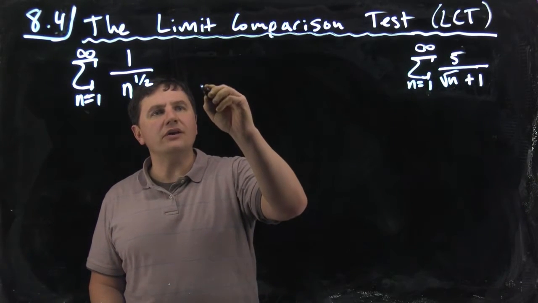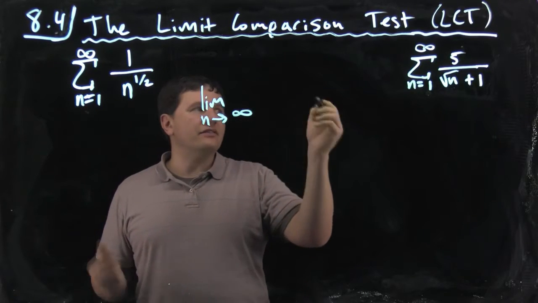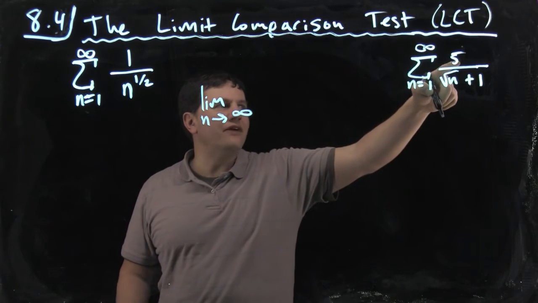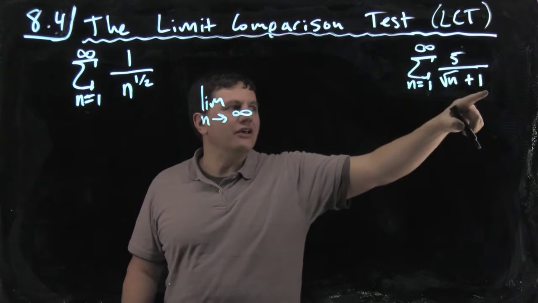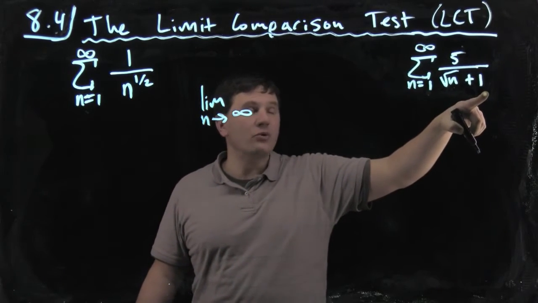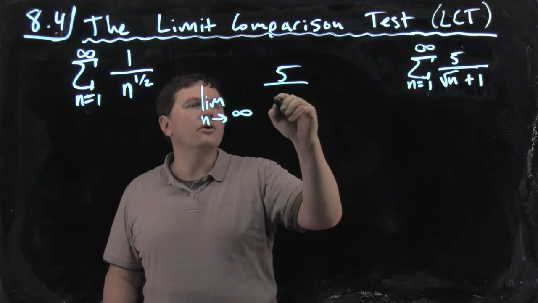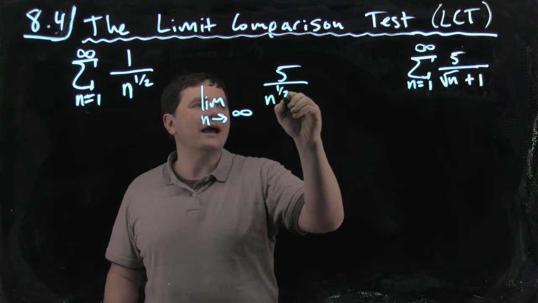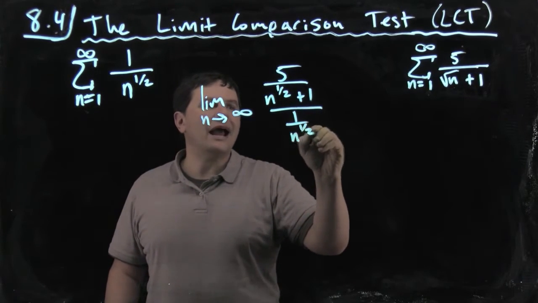So basically what I do is, I say the limit as n goes to infinity. It doesn't matter which one goes on the top. By the way, the 5 is inconsequential. I want to point out that the 5 I can bring out front anyways. It's just this n plus 1 in the denominator, or square root of n plus 1 in the denominator. So I can take 5 over n to the 1/2 plus 1 over 1 over n to the 1/2.